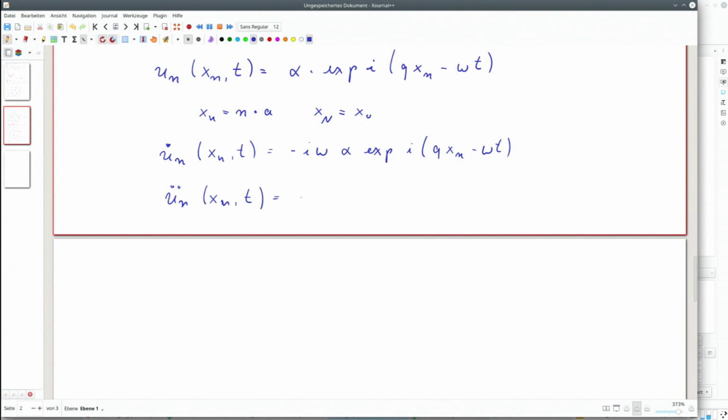Another factor minus I omega. This cancels out this minus here, but I have an I squared which is minus 1.